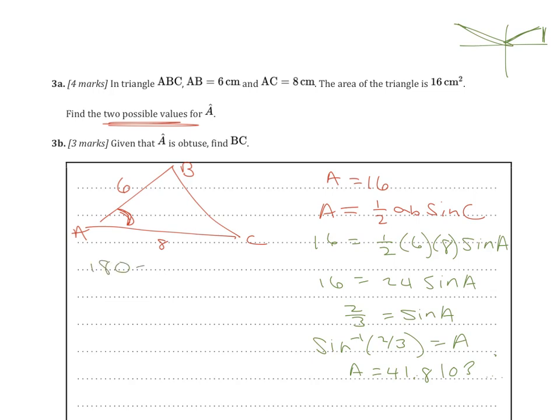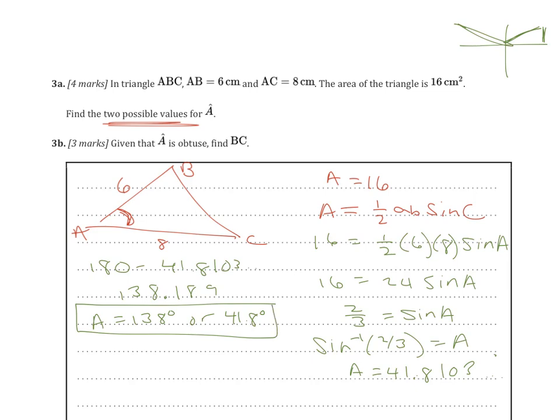So 180 minus 41.8103... gives me my second possible angle. Rounding to 3 sig figs, that's 138 degrees or 41.8 degrees. Those are our two possible values.